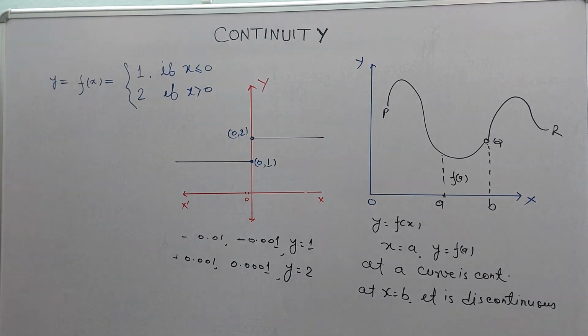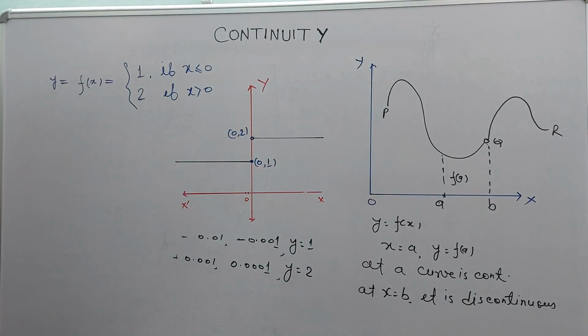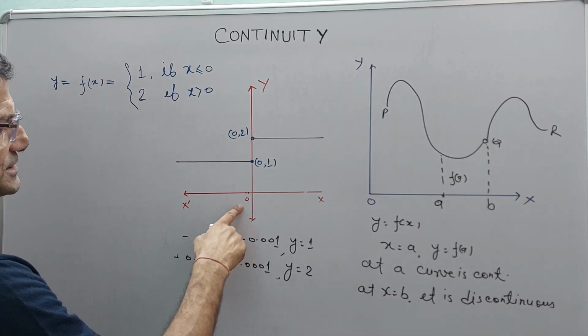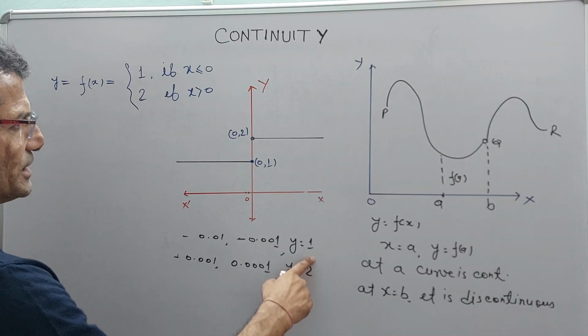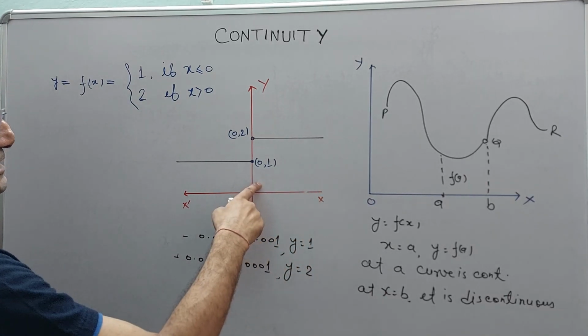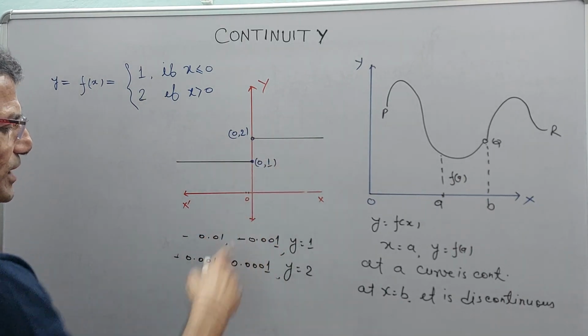So in the language of limits, if I approach 0 from the left hand side, the value comes out as 1. From the right hand side toward the origin, the value is y equal to 2.